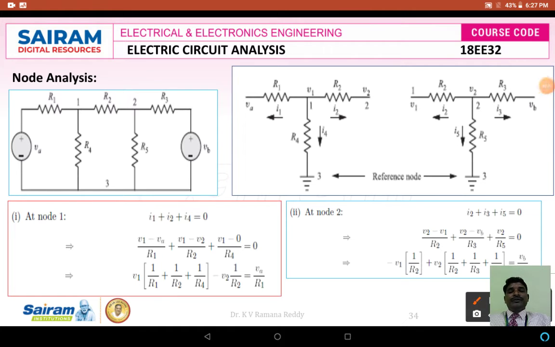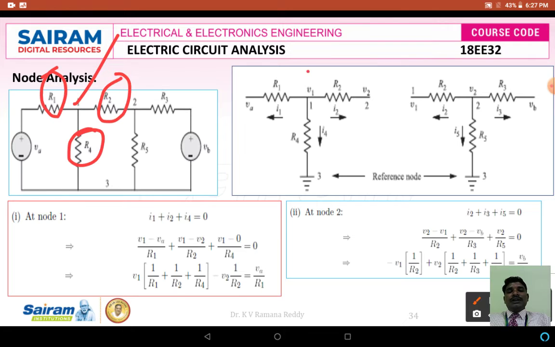So if you subtract 1 from the given n number of nodes, then n minus 1 equations we have to write. Let us consider node 1 initially. Node 1 is connected to various branches like R1, R2, R4.